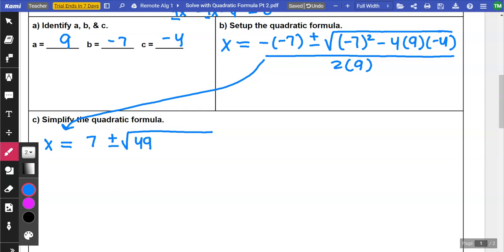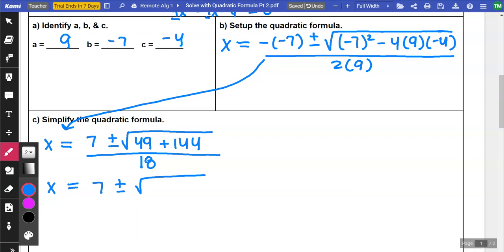Then negative 4 times 9 would be negative 36. And negative 36 times negative 4 is positive 144. All over 2 times 9, which is 18. So x is equal to 7 plus or minus the square root of 144 plus 49 is 193 all over 18.